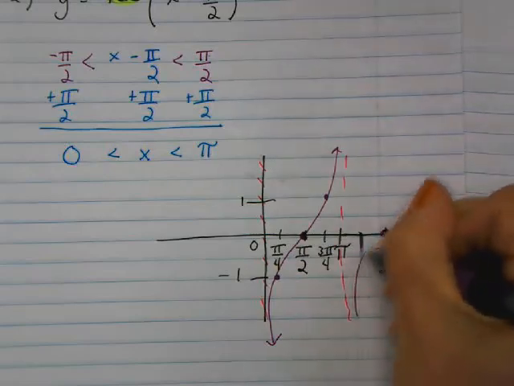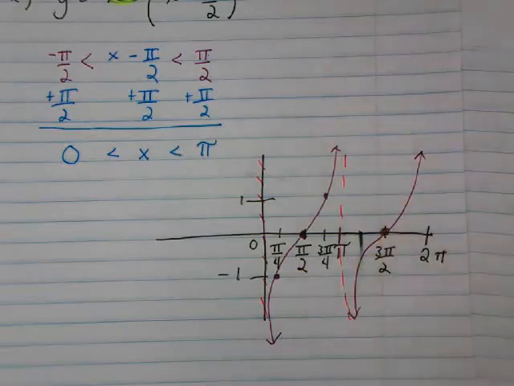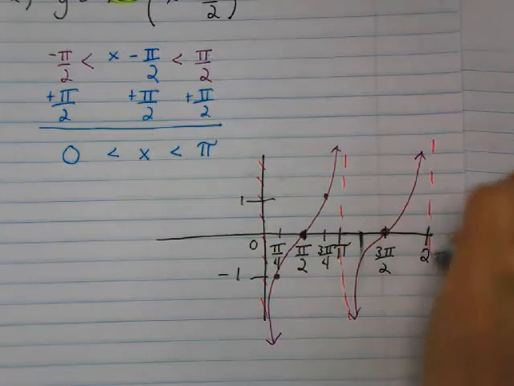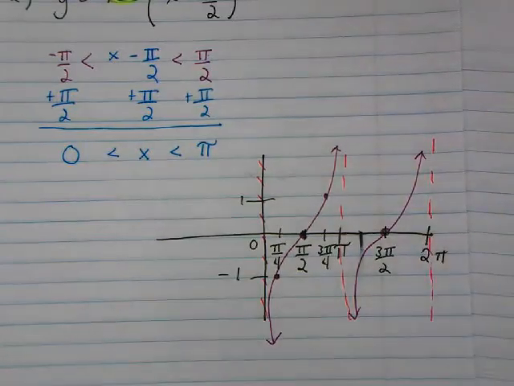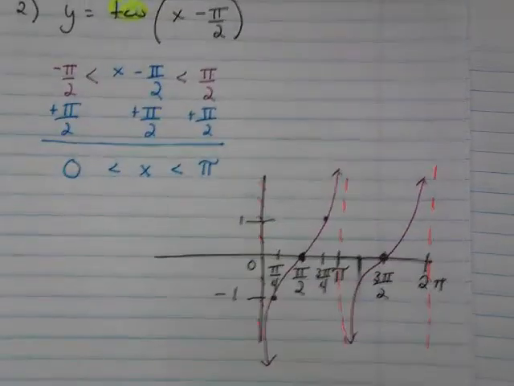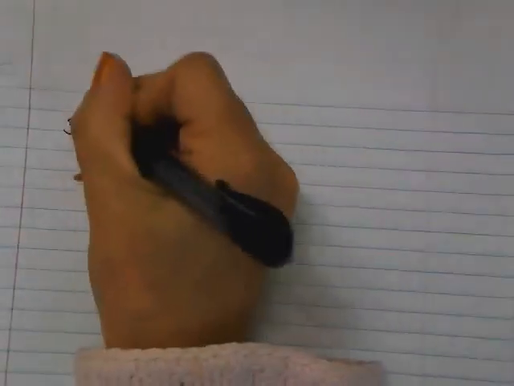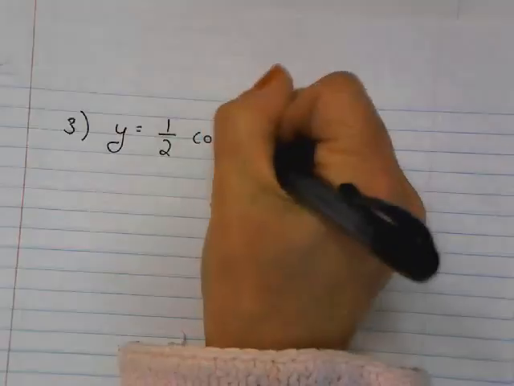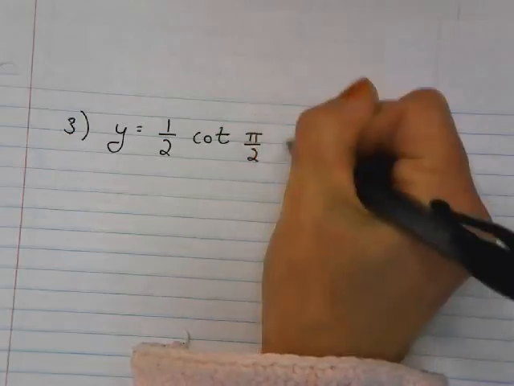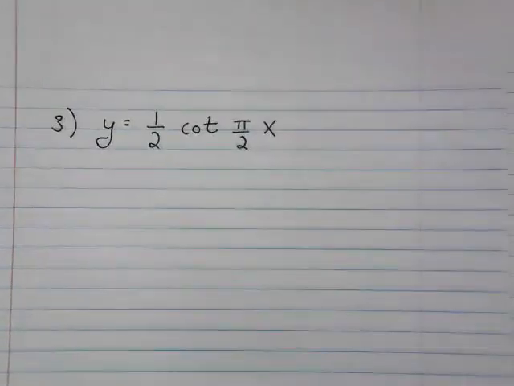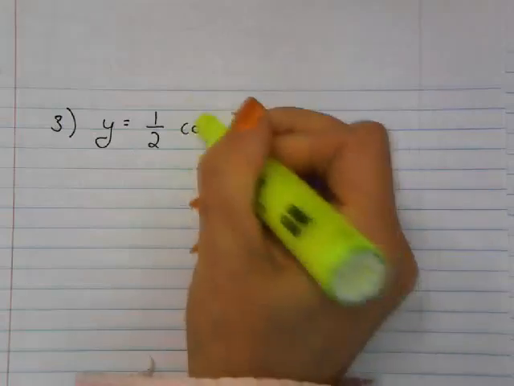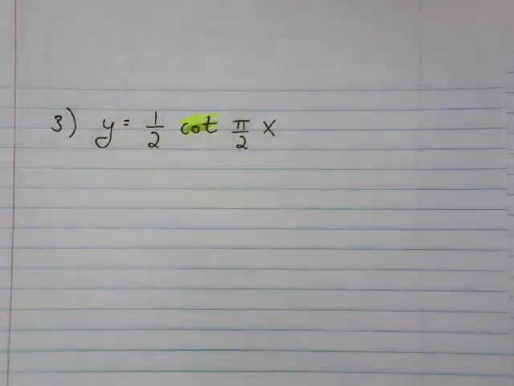Let's end the video by looking at what cotangent does. Cotangent is going to be very similar to the process you just had for tangent. It's just your limits are going to change. So I want 1/2 the cotangent of pi over 2 x. Now, for cotangent, what are your limitations? 0 and pi. I'm going to take what is behind my cotangent function.